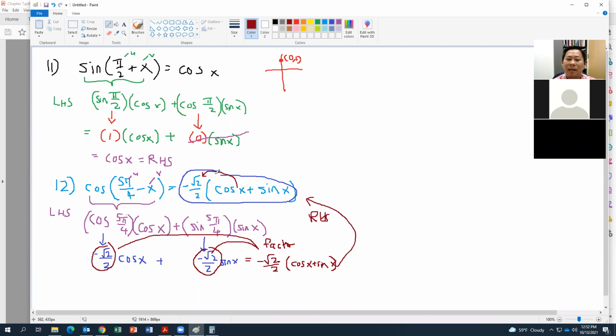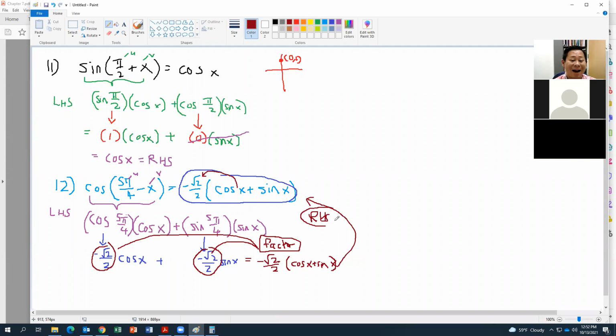If you look at your right hand side, that is a negative root 2 over 2 being taken out. We call this factoring. So you factor it out, because they are a common factor. Once you factor it out, you will get cosine x plus sine x.